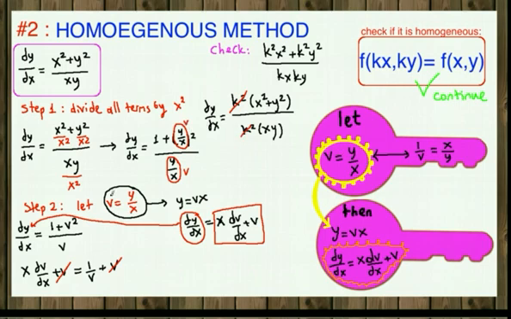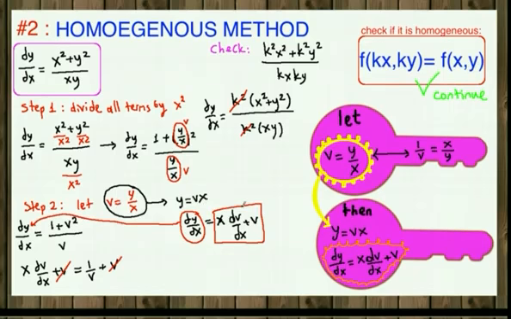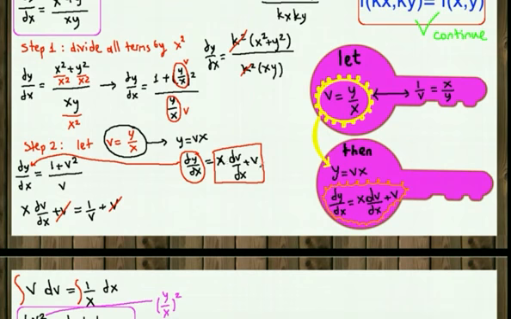And in the second step, we're going to do the v substitution. All y over x's will be v, x over y's will be 1 over v. And we're going to differentiate the equation which we derive from v equals y over x. And this differentiation will be substituted for dy over dx. And we're going to simplify the equation and convert it into separable form.